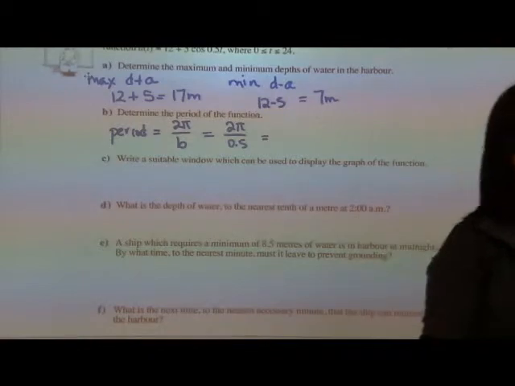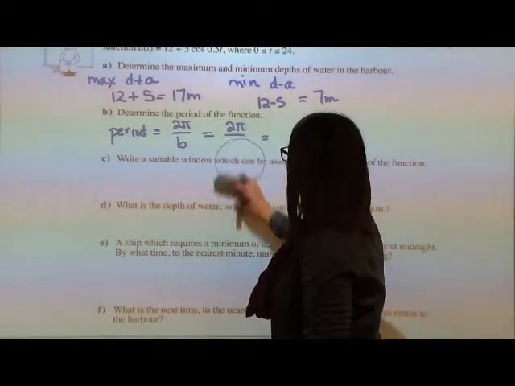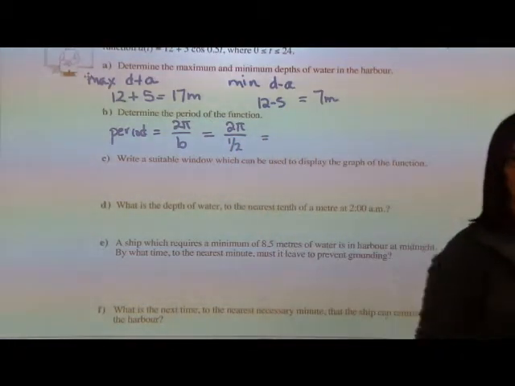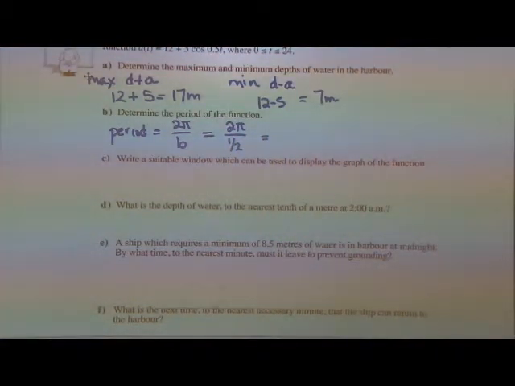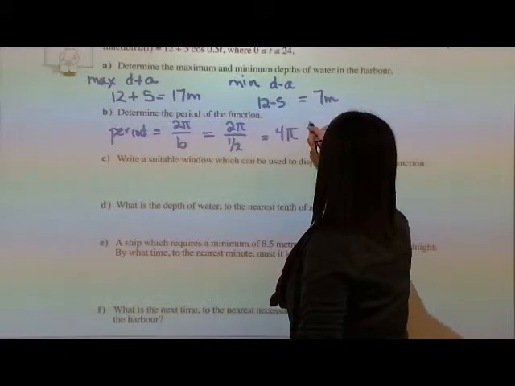So 2 pi divided by 0.5, which is the same as divided by half. So what's 2 divided by 1/2? 4. So I would get 4 pi hours.